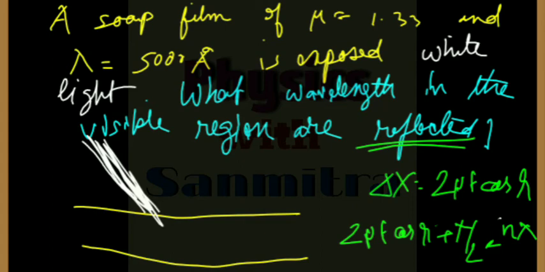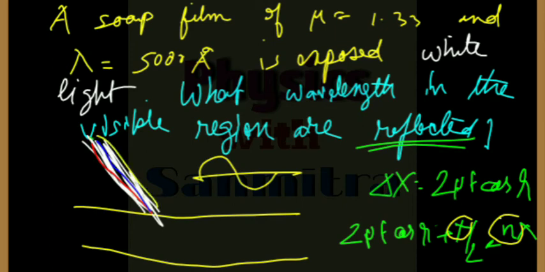So this lambda term actually comes because in case of path difference and phase difference, the wavelength matters. In white light, there is red, blue, yellow, green, all colors. Red will bend the least, blue will bend the most.